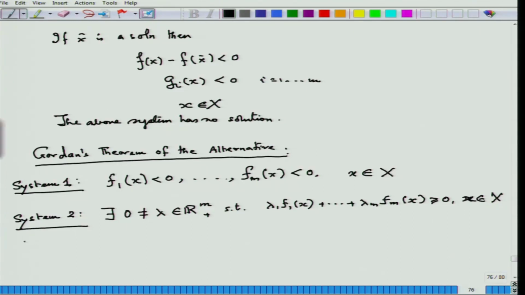Now, the result says any one of the above has a solution, but not both.